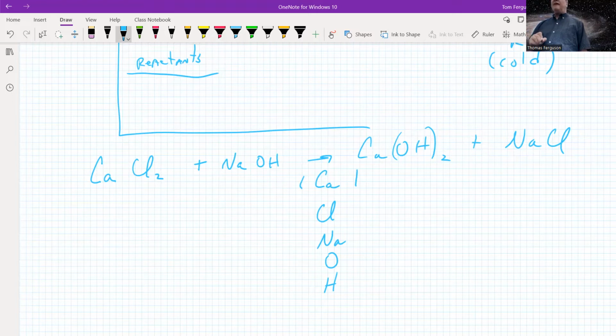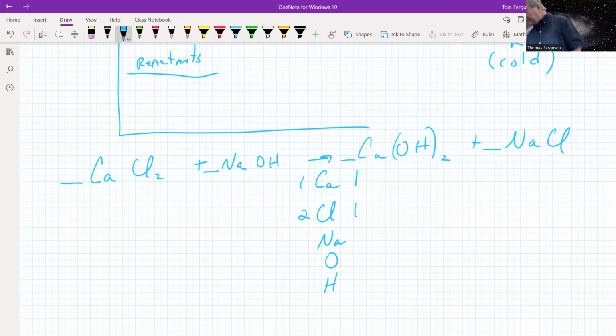That's very good balancing. We start with 1 calcium, we end with 1 calcium. Okay, what about chlorides? How many do we have on the left? 2. How many on the right? 1. So right away we have an unbalanced equation.